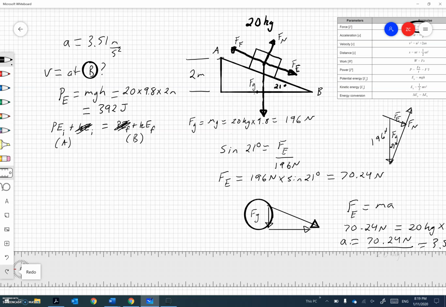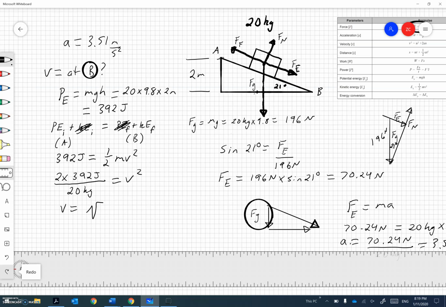So therefore we could say 392 joules is equal to 1/2 mv squared. So that's the formula for kinetic energy. We can rearrange that, so we get 2 times 392 joules divided by the mass, which is 20 kilograms, is equal to velocity squared.